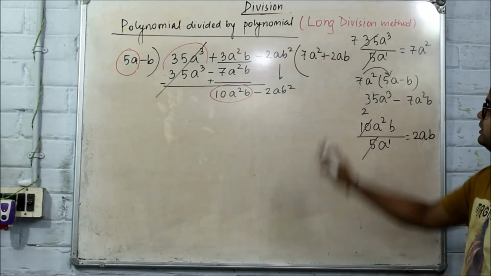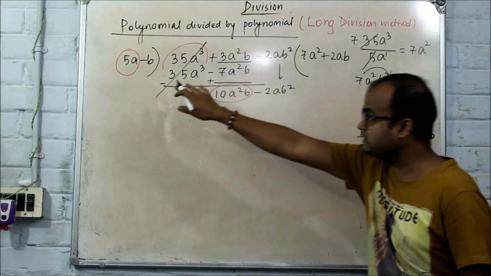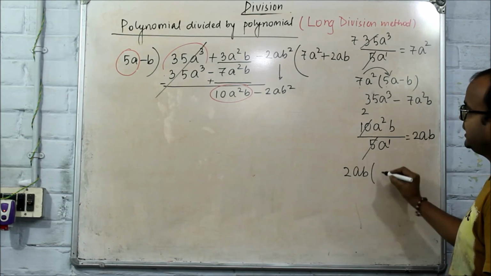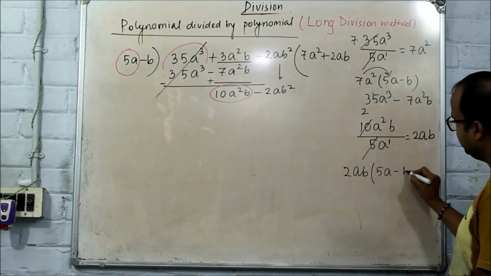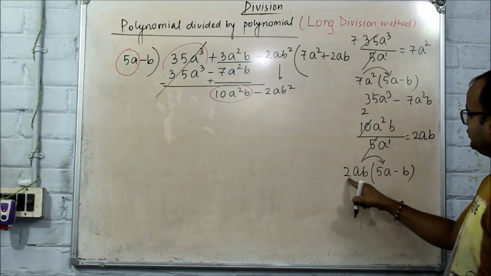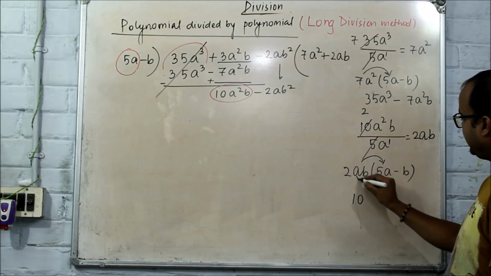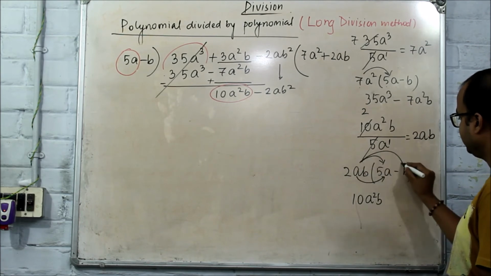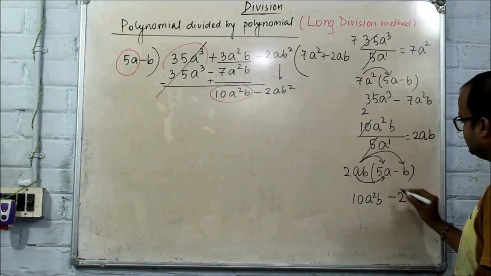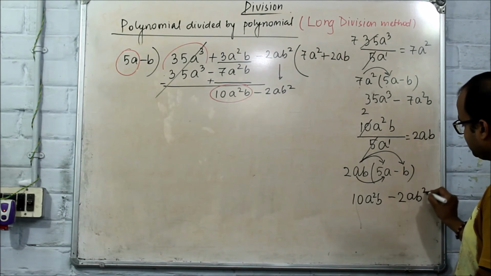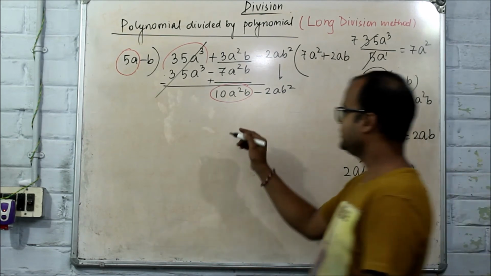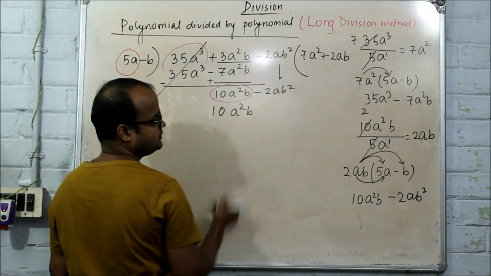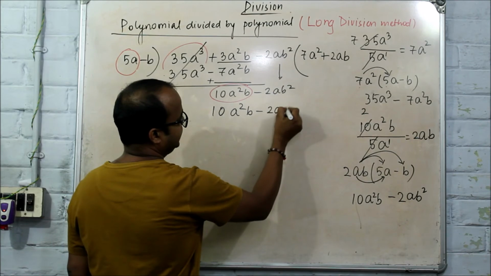Next step, we need to multiply plus 2ab with 5a minus b. So 2ab multiplied by 5a minus b. 2 5s are 10, a into a square b. And if you multiply with this, you will get minus 2ab square. So we write it here. So 10a square b minus 2ab square.